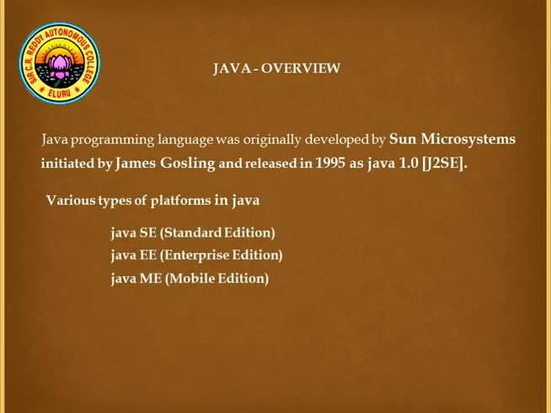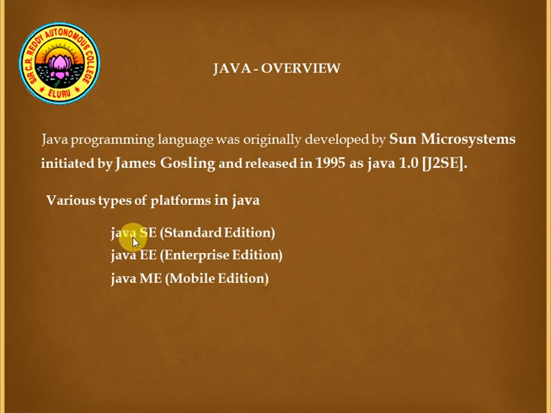And there are different types of tools or platforms in Java. They are Java Standard Edition, Java Enterprise Edition, and Java Mobile Edition. Why are we maintaining such kinds of editions?